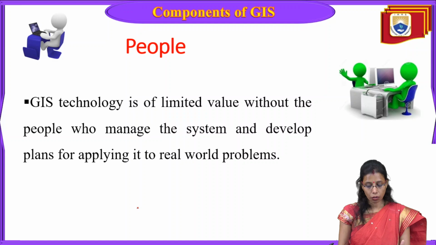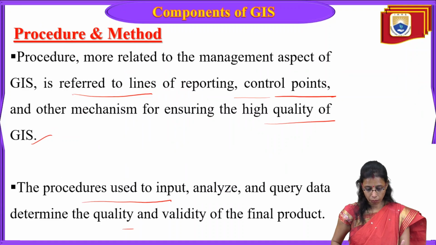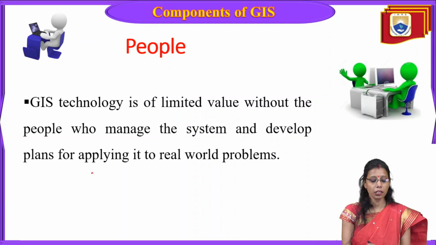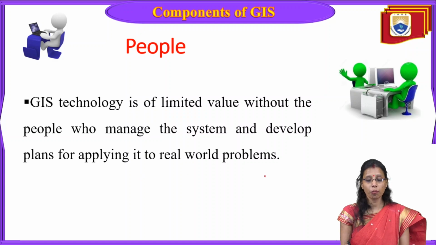Now, after procedure and method, to use this procedure and method, people are required. So who are those people? The users are the people who work on this kind of GIS software. GIS technology is of limited value without the people who manage the system and develop plans for applying it to real-world problems.